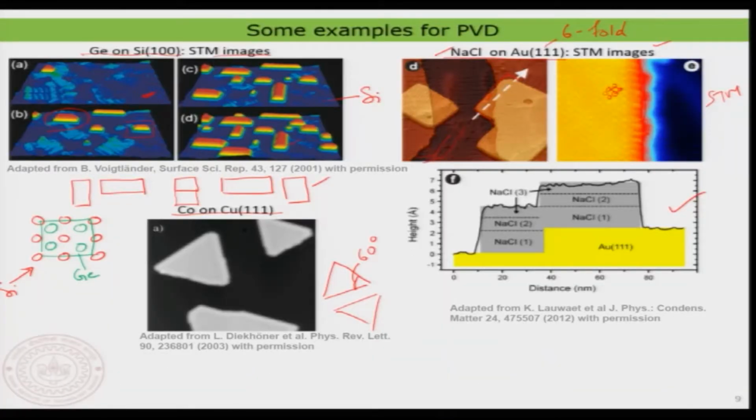Now when it comes to the cobalt, the copper 111 surface is basically 6-fold symmetric, and that is exactly what you are seeing in the angle of the island. So these would be the different orientations of the copper lattice, and all the different copper lattices will be rotated by 60 degrees. So all the copper compact lattice, as it is called, the atomic lattice on top of the surface, are rotated by 60 degrees with respect to each other.